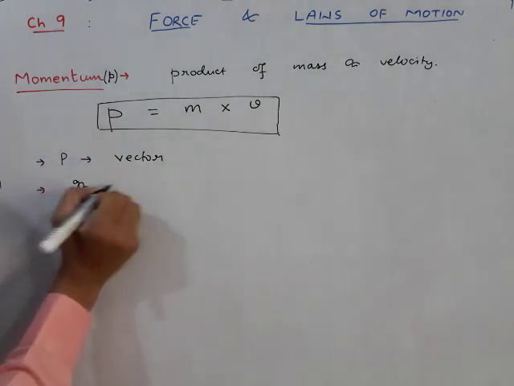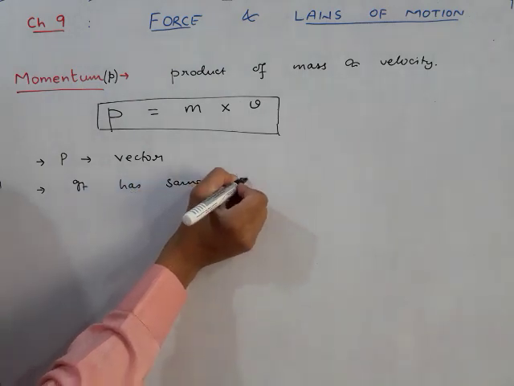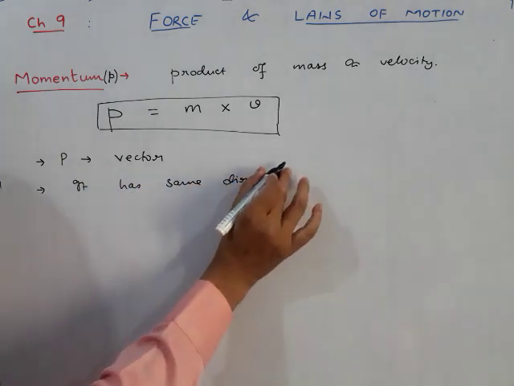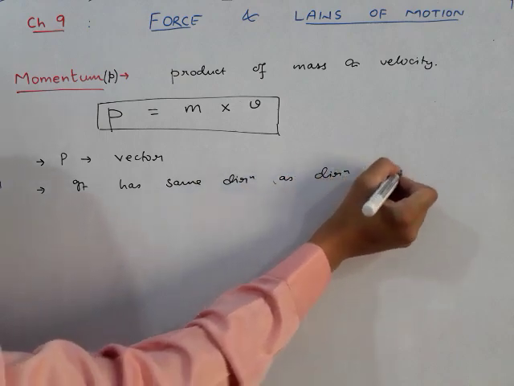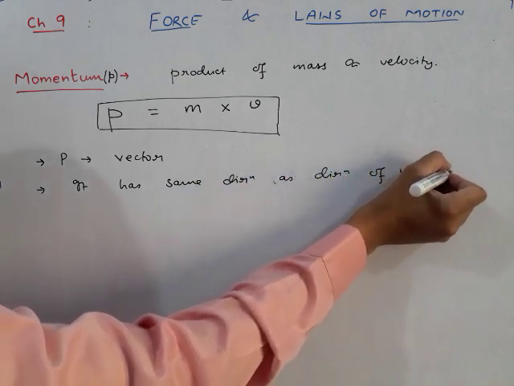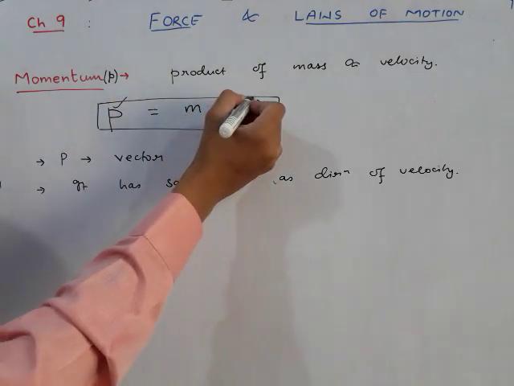So, it has same direction as the direction of velocity. If an object is moving towards right, momentum will be towards right. If the object is moving upward, momentum will be also upward, and so on. So momentum has the same direction as that of velocity.